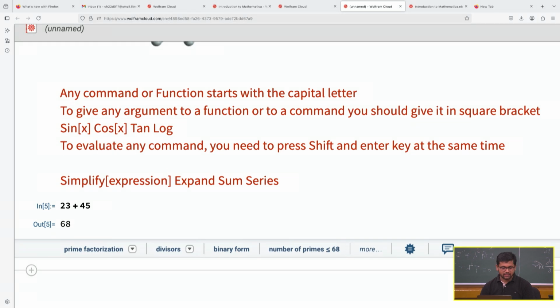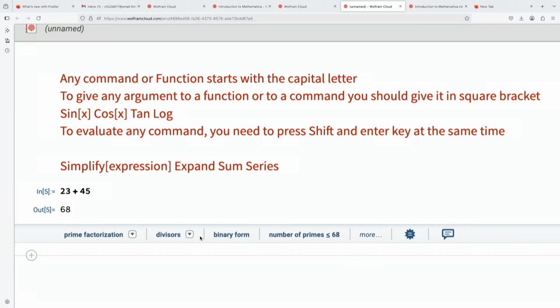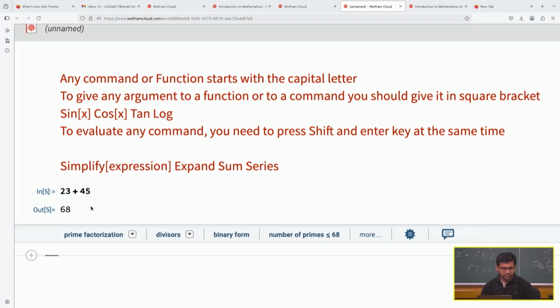So, you can see here that I got the output as 68. Here it is showing input number 5, which I gave as 23 plus 45, and I am getting the output as 68. That was a very simple calculation for Mathematica to do.